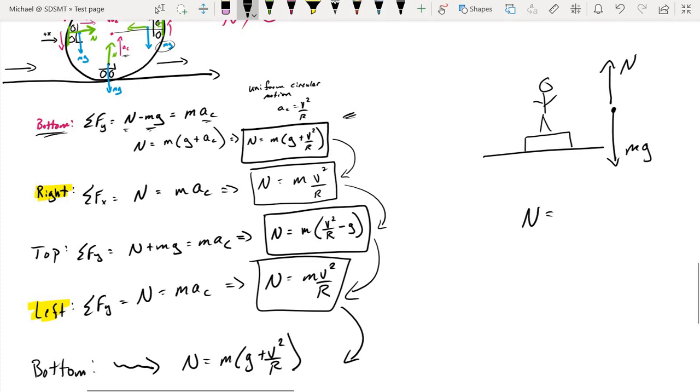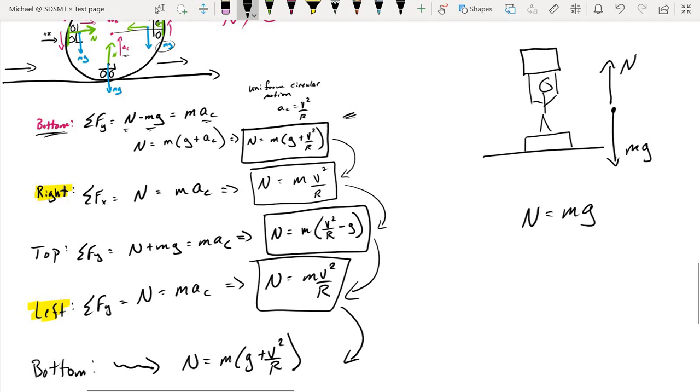And you're probably thinking, what's the difference? If I do a sum of forces here, normal force equals the weight, it's measuring the weight. Well, let's say you stand on this scale and you're holding a large box, a very heavy box. You stand on the scale now.